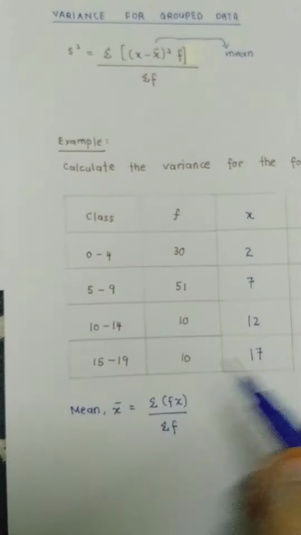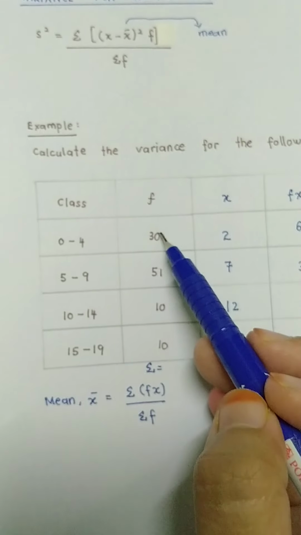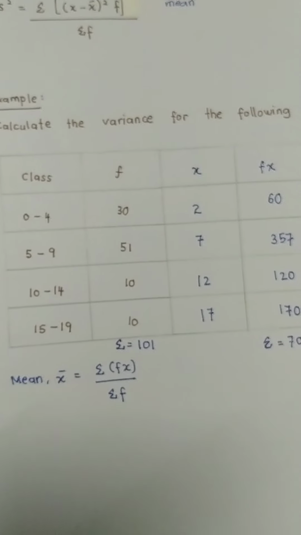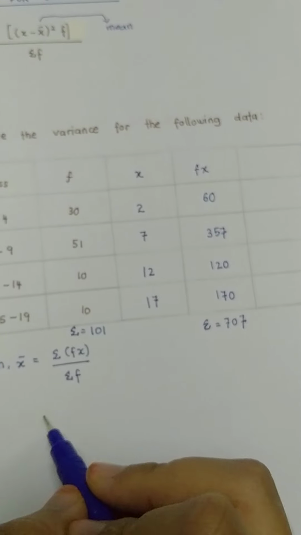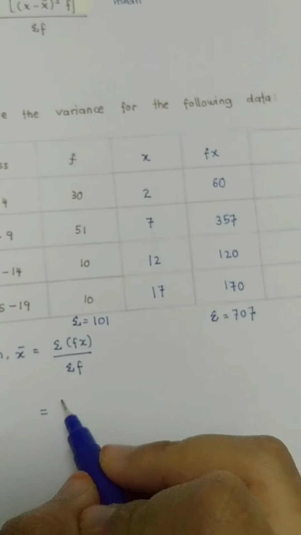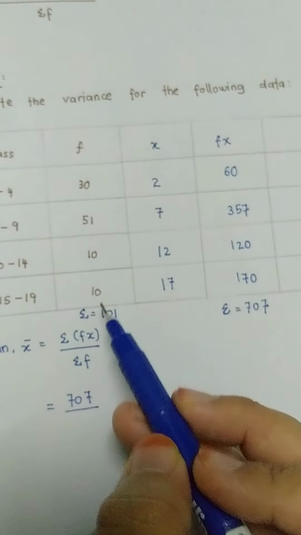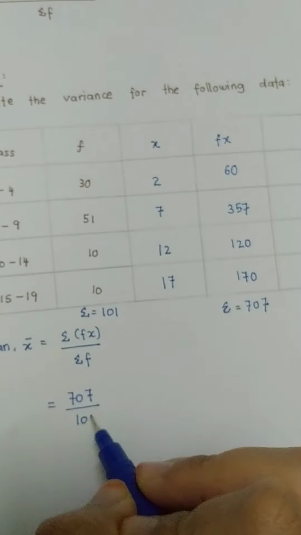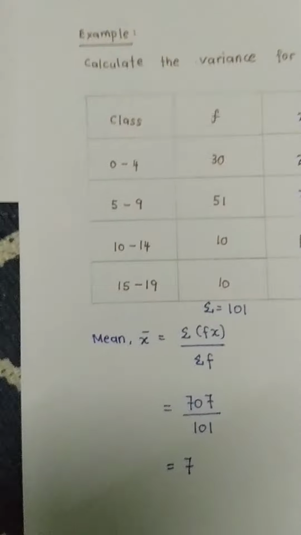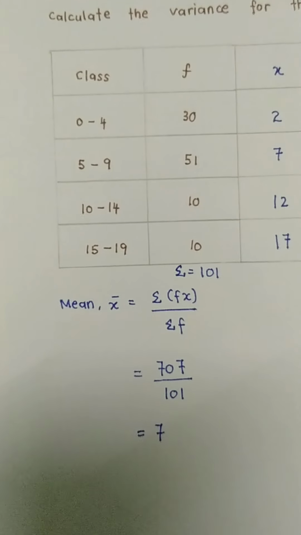And then the summation of f, 30 plus 51 plus 10 plus 10, is equal to 101. So our mean is equal to 707 divided by 101. So x bar is 7. Our mean is 7.